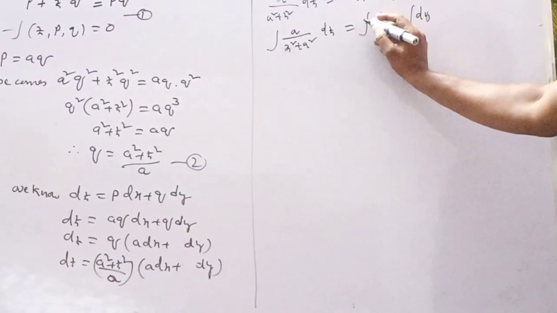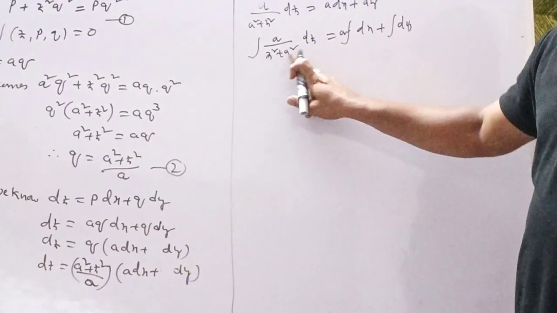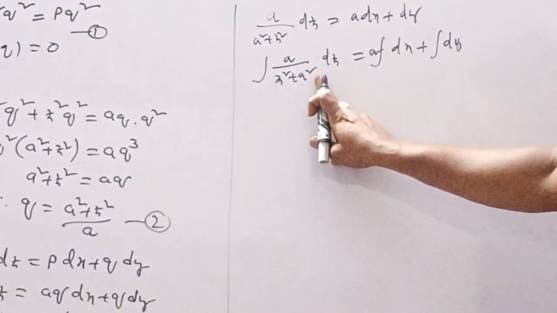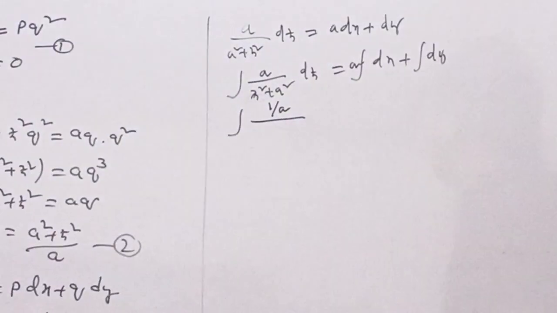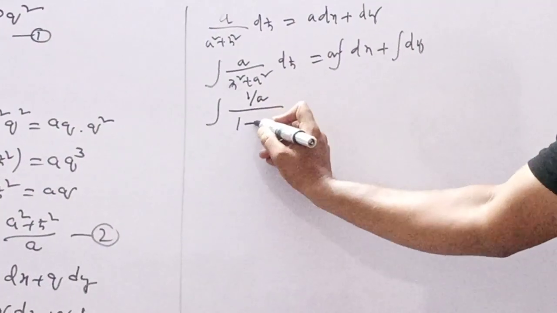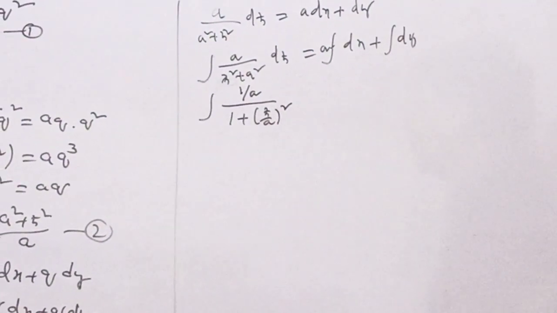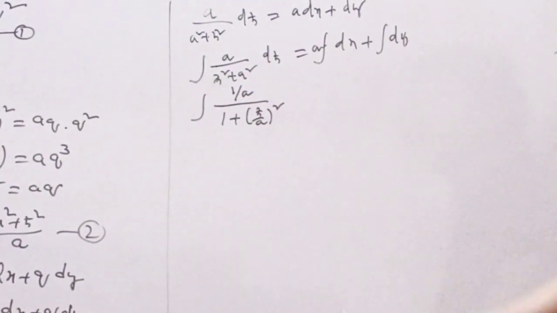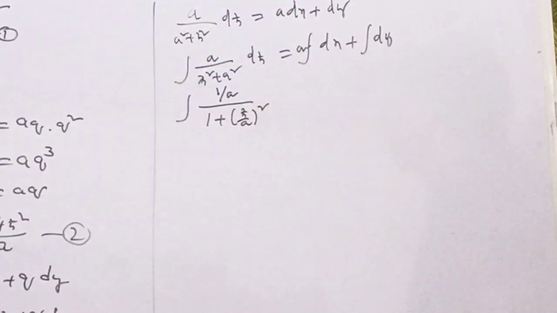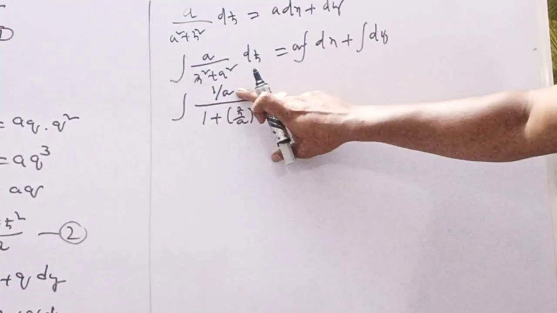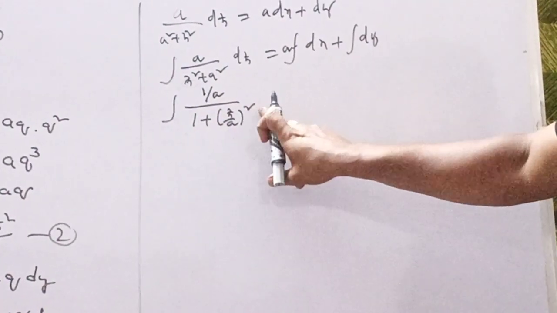This is nothing but the tan inverse x square plus a square formula. So integral of 1 by z by a whole square. I am taking a square as common, so a cancels. So we have 1 by a. So write 1 by a in the numerator by 1 plus z by a whole square.